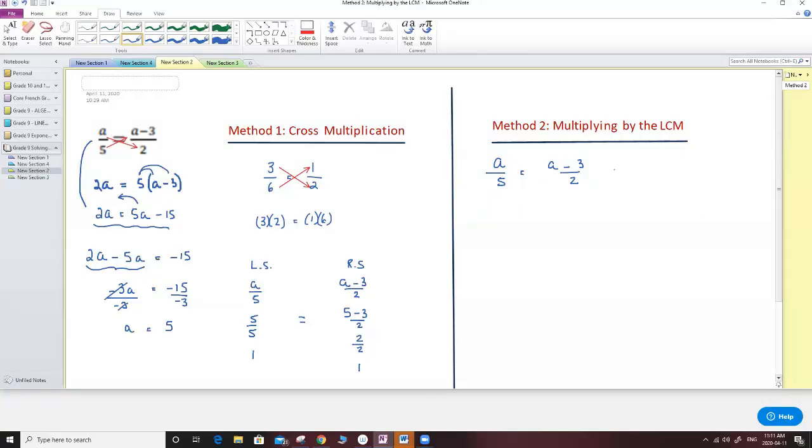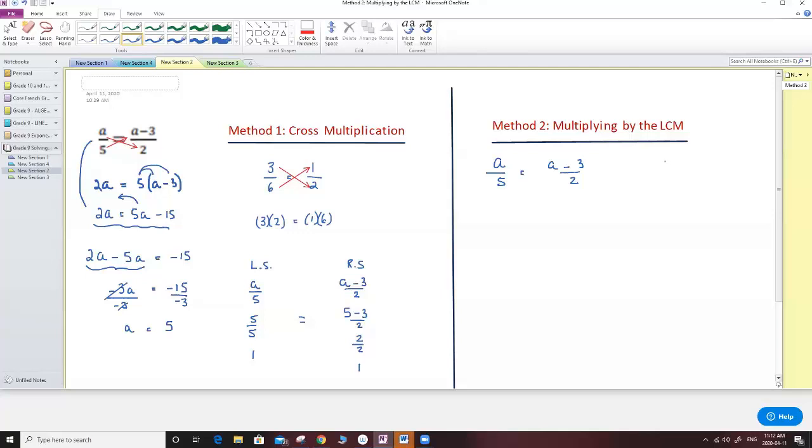If I choose to multiply the right side by 2, it will be great, but it's not a good option for 2 times a over 5. And if I multiply the left side by 5, I can simplify 5 by 5, but for the right side, 5 is not a good option for 5 and 2, so I cannot simplify. So what is a better option?